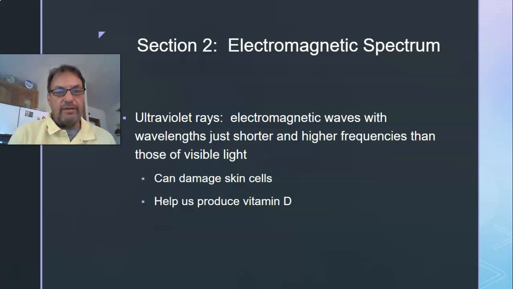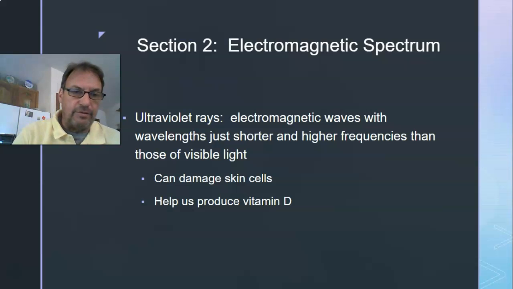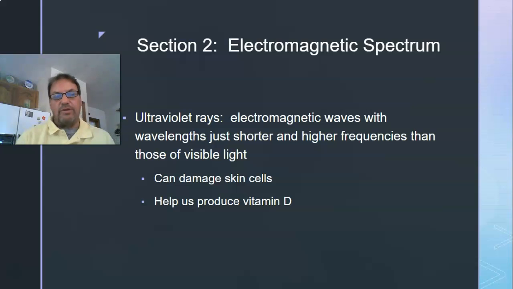If you were going to go out into the sun, you're going to put on some type of skin protection from the sun, the UV protection, the ultraviolet protection. You don't have to have infrared protection. So we would know then that the ultraviolet rays are a little higher energy and they're a little more damaging, and that's something you really want to be careful about when you're out in the sun.